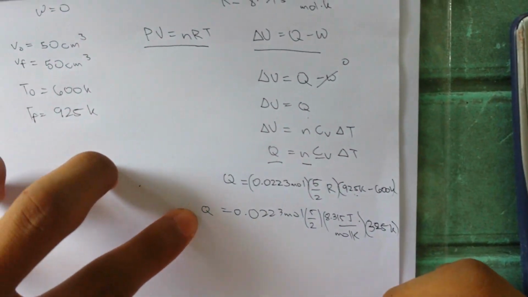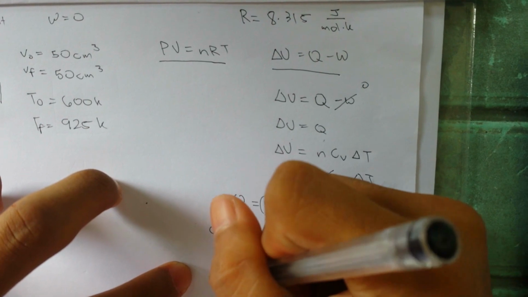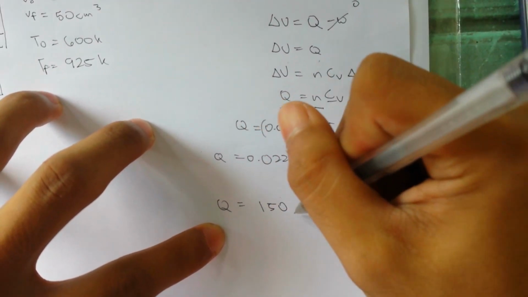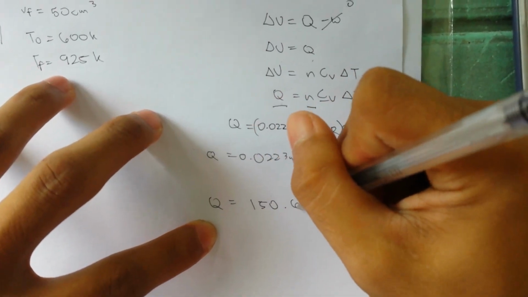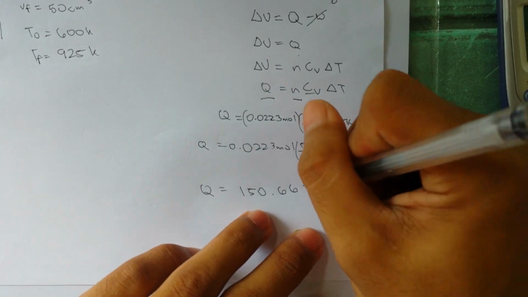So our heat produced is equal to 150.66 joule.